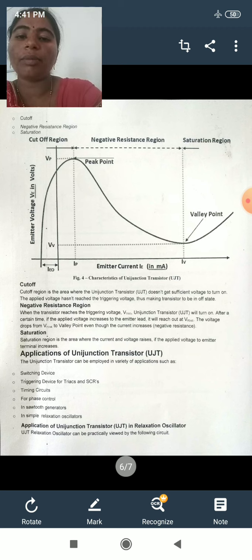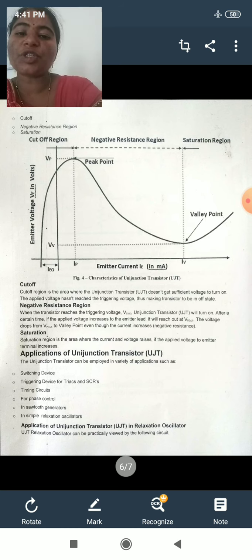When your emitter voltage reaches the peak voltage, after that, as the emitter current increases, your emitter voltage goes on decreasing. This decreasing curve is nothing but the negative resistance region. In this case, as the current increases, your voltage goes on decreasing, hence it is called the negative resistance region.